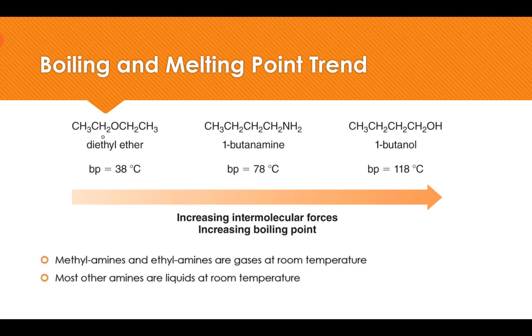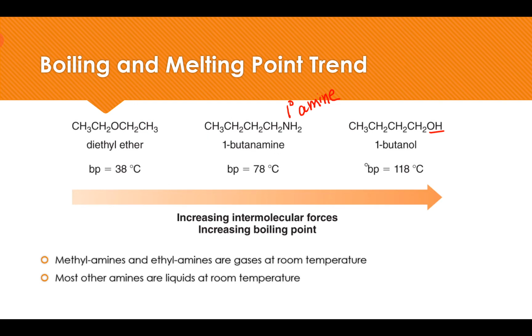So here is that trend. This is showing you the ether, 1-butanamine, which is a primary amine, and alcohol, 1-butanol. All of these have similar-ish molar mass, but the alcohol is the strongest, the amine is the middle, and the ether is the lowest here.